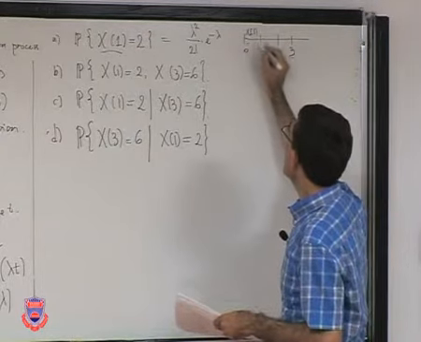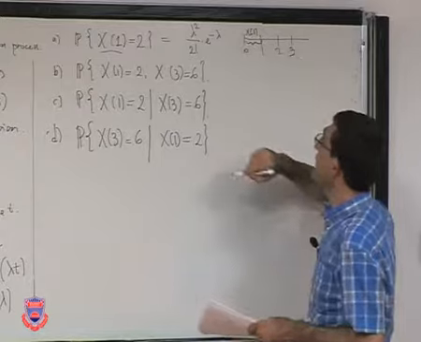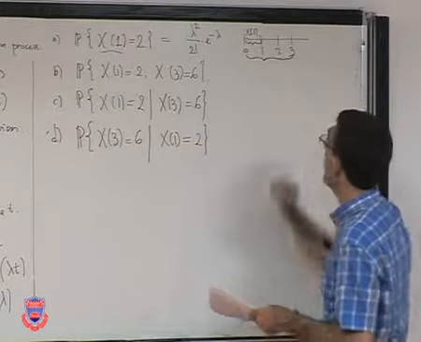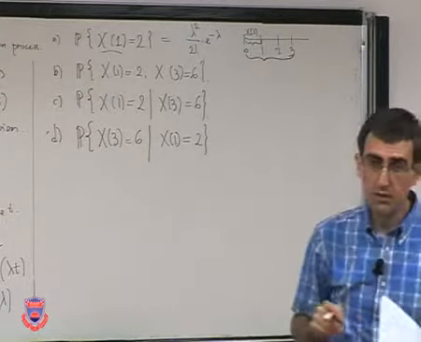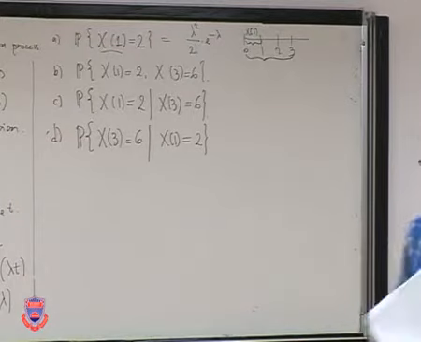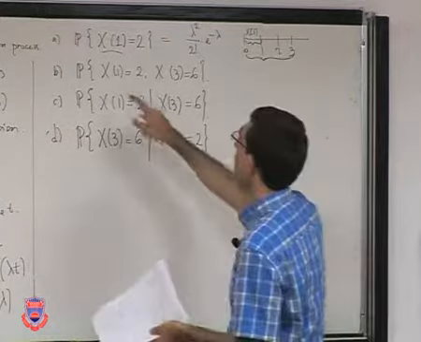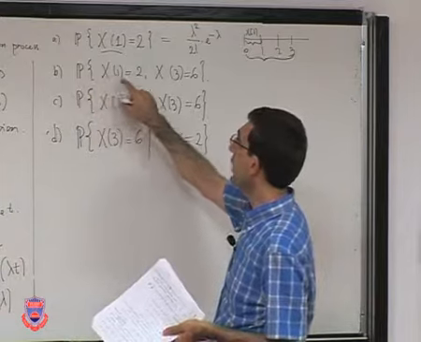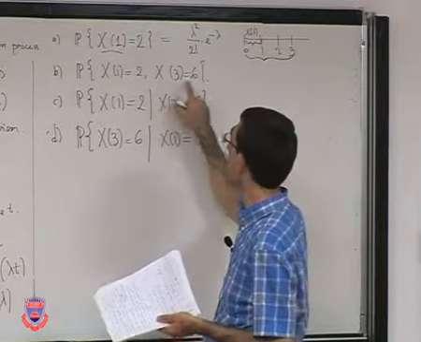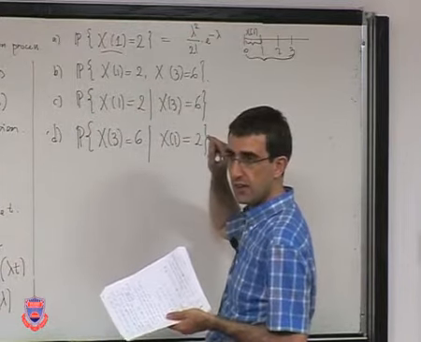X_1 counts the number of customers who enter the system here, and X_3 counts the number of entrances until time 3. So they are not independent. This is then not the same as the probability that X_1 equals 2 times the probability that X_3 equals 6.